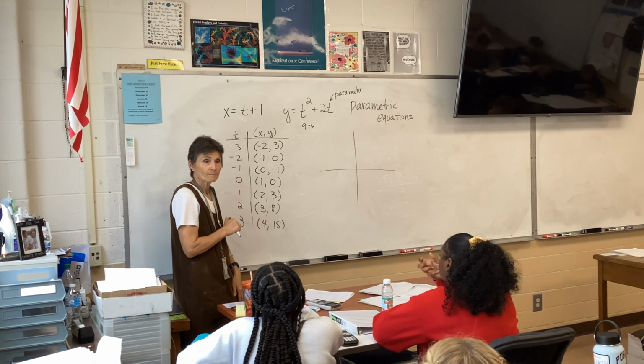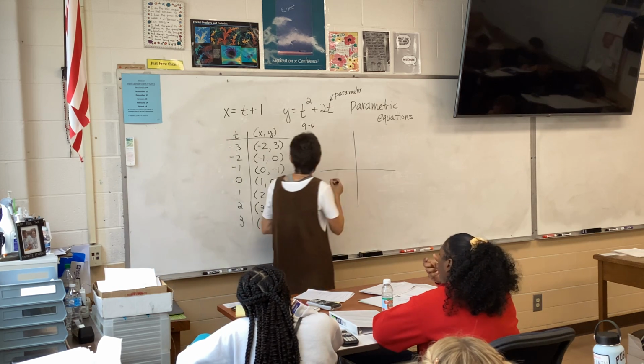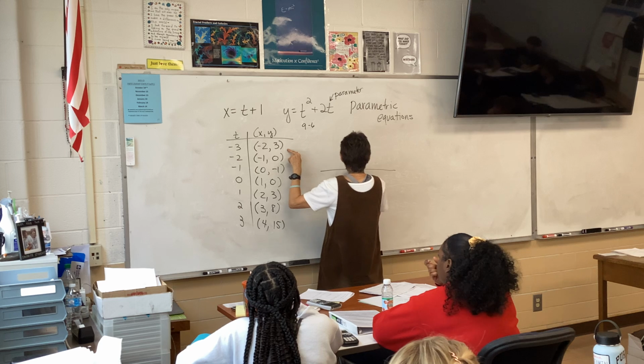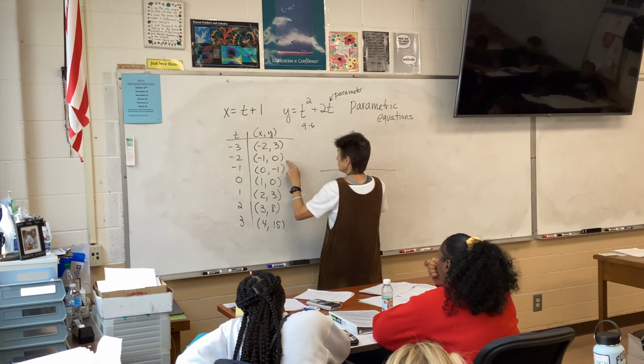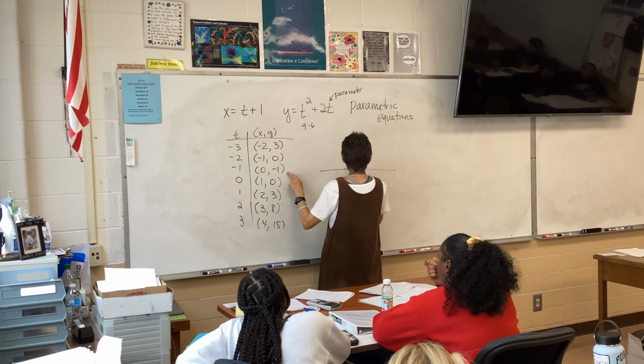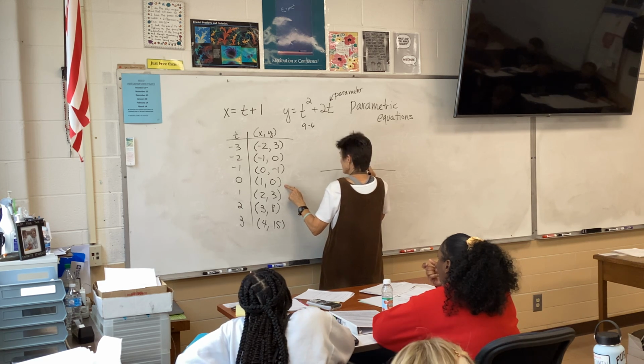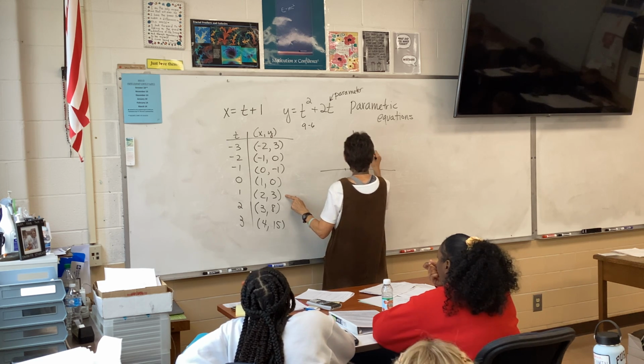Those look okay? So I'm gonna go ahead and plot these points. So -2, 3; -1, 0; 0, -1; 1, 0; 2, 3.